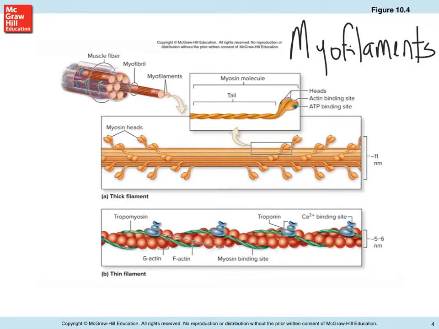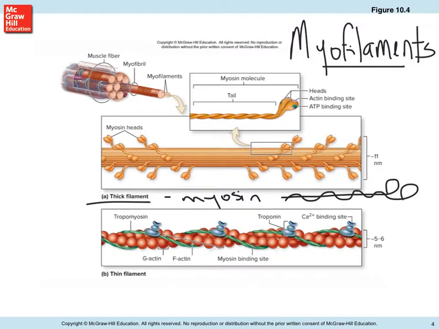When you look at the myofilaments, which are the contractile proteins, there are a couple different types. There is a thick filament, which is made up of myosin, and myosin is two proteins linked together, so it's kind of a tail and a head region, and then there's another tail and a head region associated, and that's one myosin molecule.